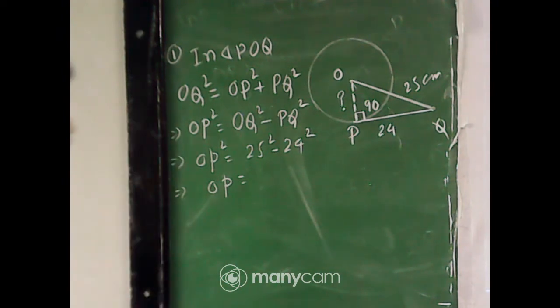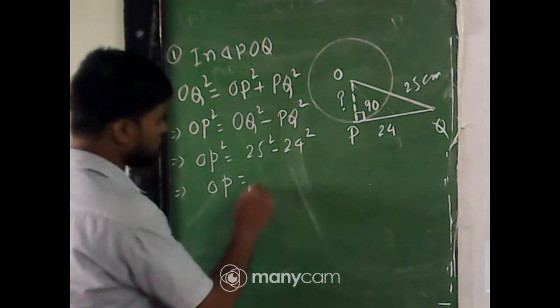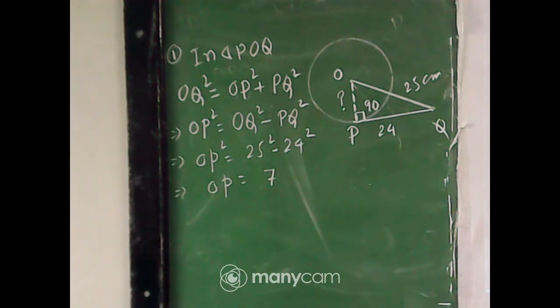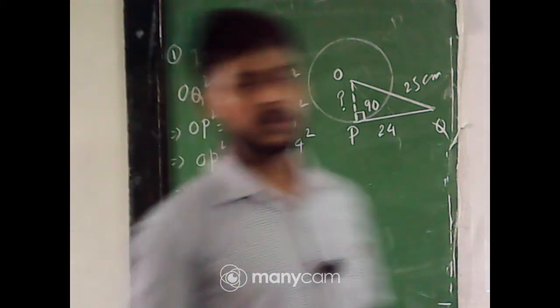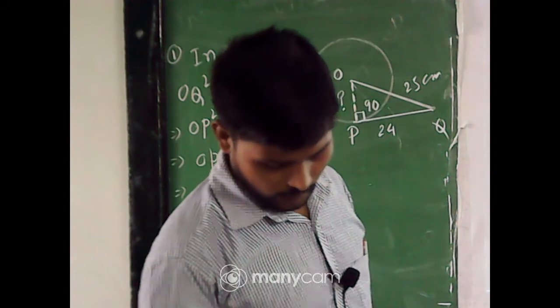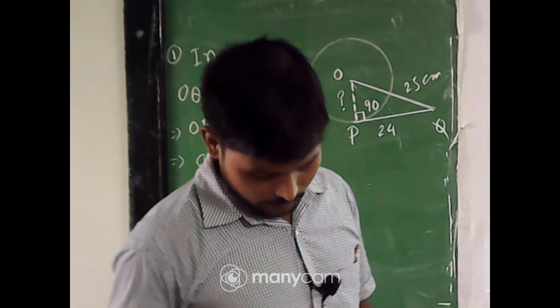Yes, very good, Shomodip. The answer will be 7. OP will be 7. That means the radius of the circle is equal to 7 centimeters. Very good. Okay, so now let's see the next question.